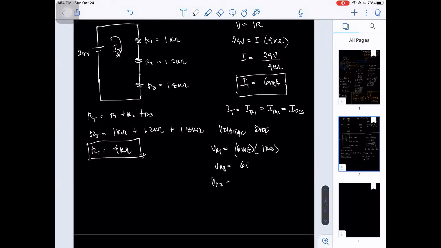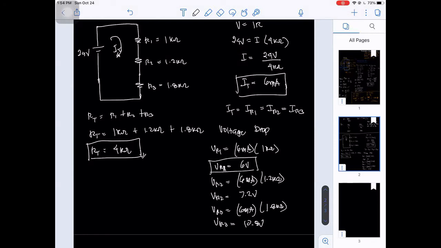For VR2, we have 6 milliampere multiplied by 1.2 k ohms. VR2 is equivalent to 7.2 volts. For VR3, we have 6 milliampere multiplied by 1.8 k ohms. VR3 is equivalent to 10.8 volts.